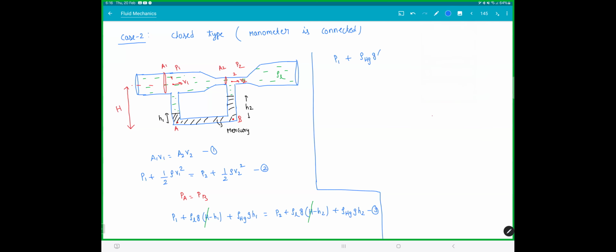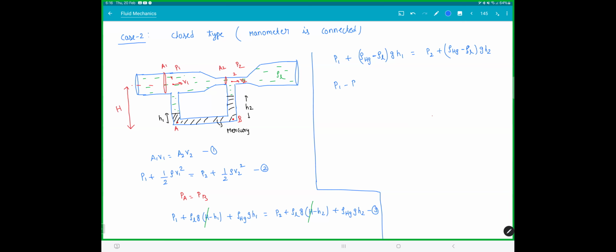Rho mercury G, rho mercury minus rho liquid GH1. Rho mercury minus rho liquid GH2.